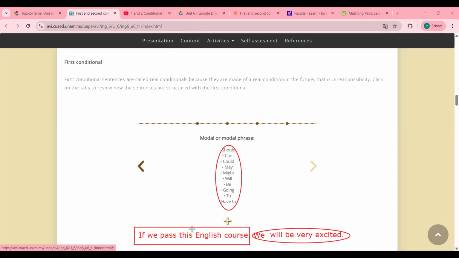I stop sharing for a moment. I stop sharing because there is an image that I would like to complete.